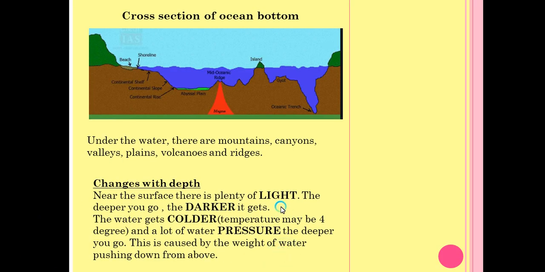Okay, here is the cross section of the ocean bottom. Under the water, there are mountains, canyons, valleys, plains, volcanoes and ridges. You can see everything under the sea. It's not like under the sea it's straight.